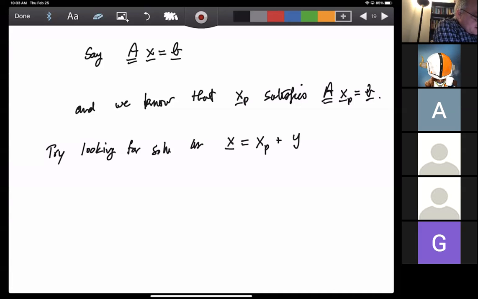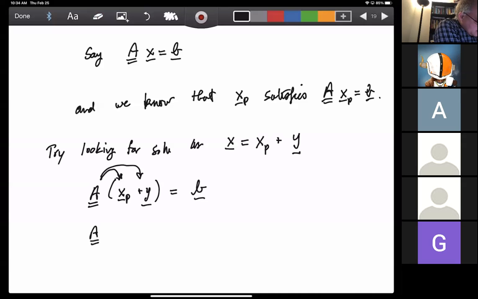Let's call it Y for now, and let's plug in and see what problem Y satisfies. So A times (X sub p plus Y) is equal to B. What's going to be true about Y? Well, let's distribute.